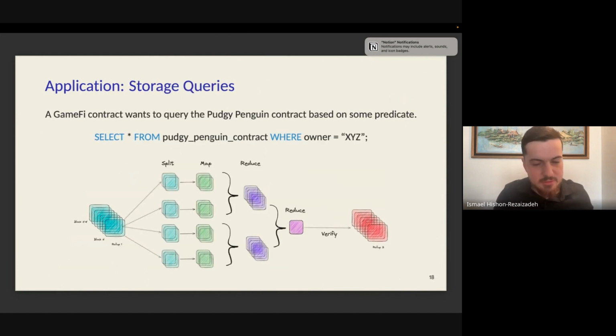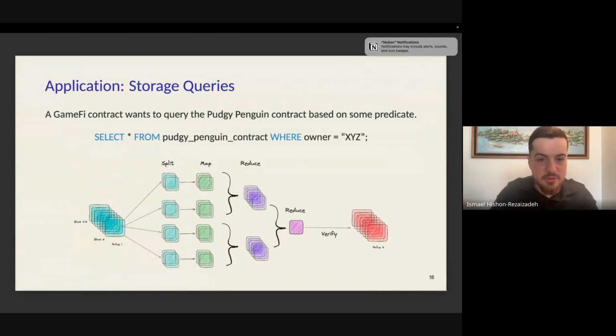And now we can think of some more fun examples where you can start using SQL as ways to define the computation that runs at each of the map and reduce steps. So think of a GameFi application that wants to compute some predicate over on-chain storage. In the situation, say there's a large amount of contract state that is encoded in a given contract that I can't efficiently query or execute over in the execution environment.